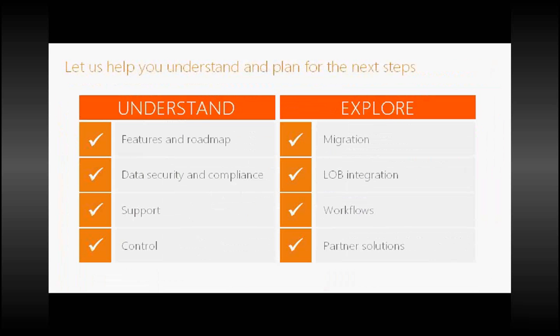So, of course, we want you to make sure that you have all the information. Understanding the features, the security and support, and having that actual IT control is something we went over in this webinar. Something to explore afterwards is going to be migration and all of those partner solutions that partners can help provide.